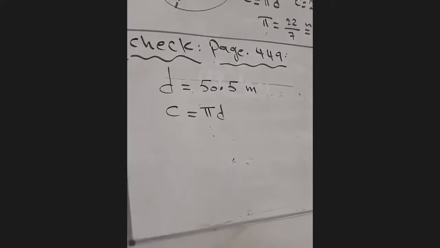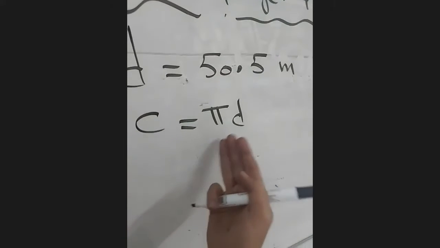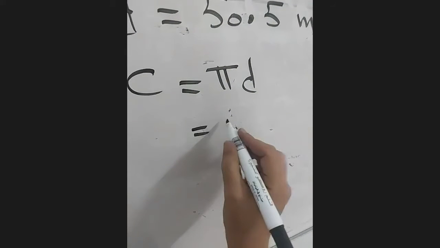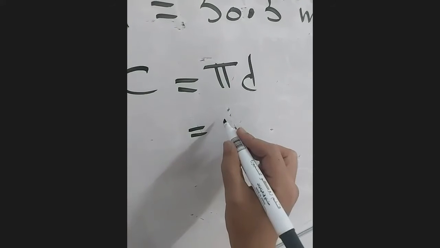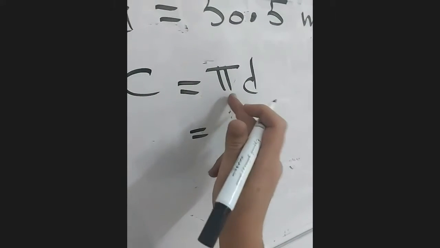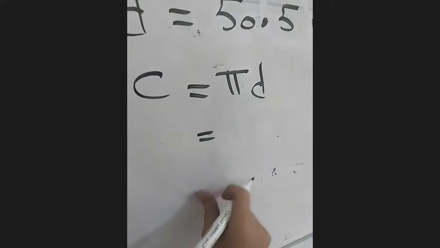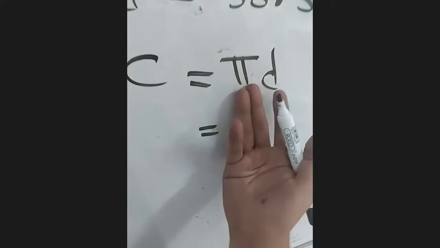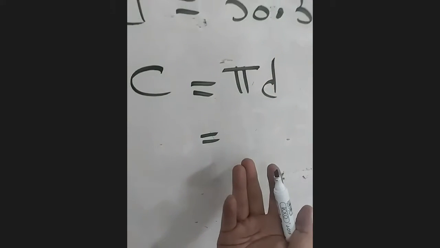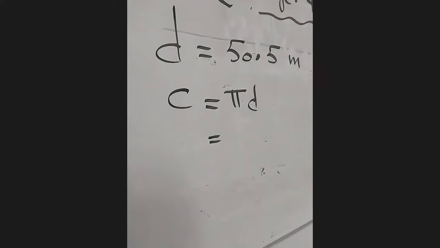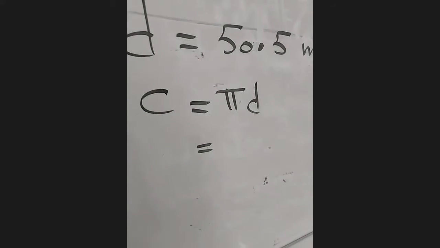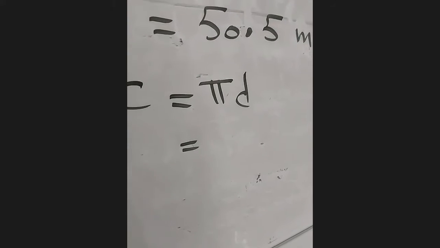Yes, right. Now, the question tells us to use what for the pi? What will we use? What's the value of pi? 13.14. Focus. What's the value of pi? Read it. 50.5. No, pi. What did they write in the question?